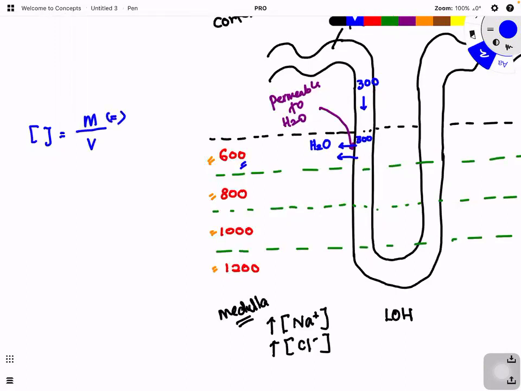Why? Because it's not permeable to the sodium ions and chloride ions, nothing can diffuse out, only water molecules. So now you can see that volume decreases, concentration increases. So osmolarity goes from 300 to 400, 500, and eventually 600.